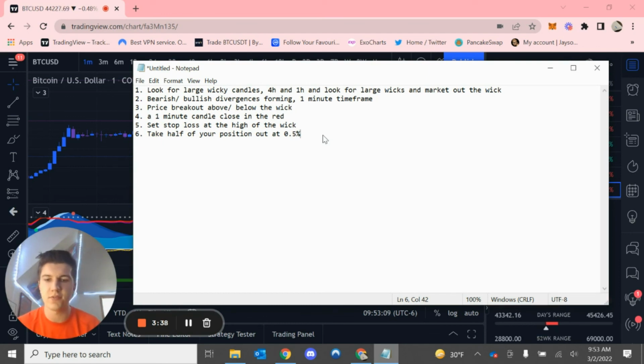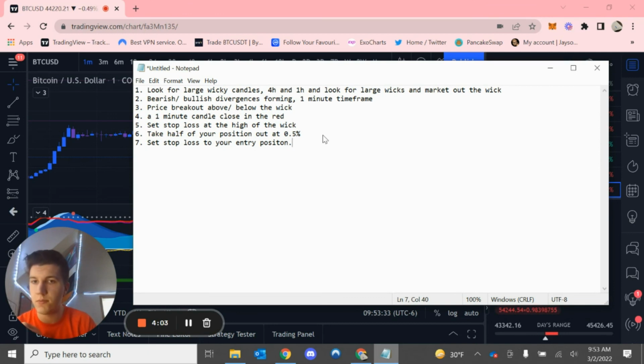So you want to take out half your position when it reaches 0.5% profit, and then set your stop loss to your entry position. This will allow you to have a winning trade, and if price does wick out and stop you out, you will be in profit and it will be a winning trade, therefore not losing money.